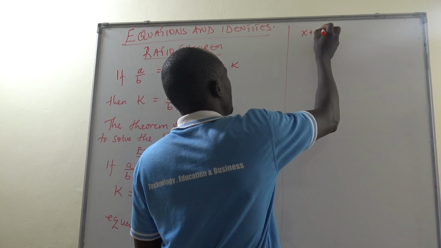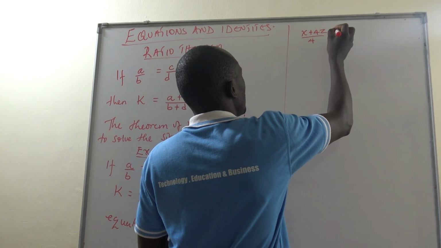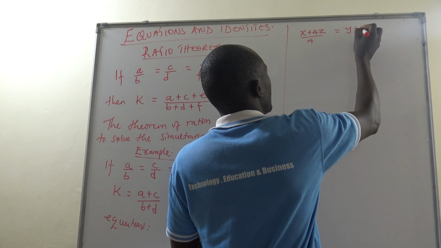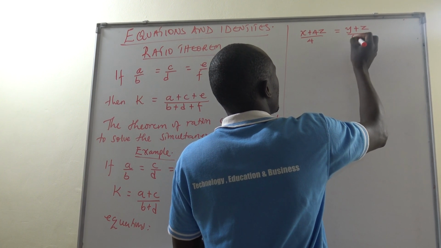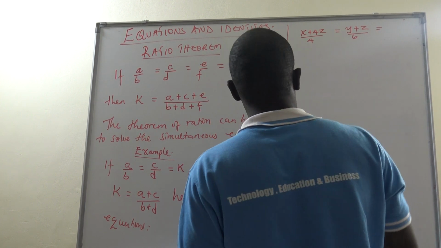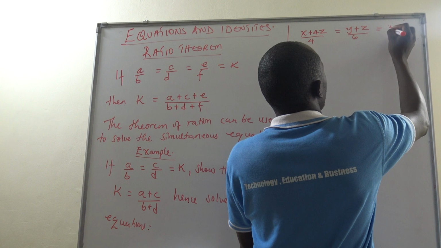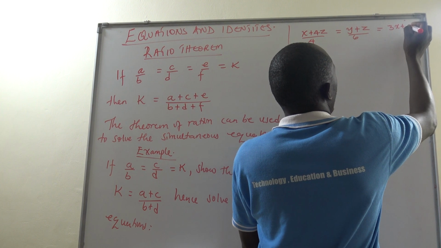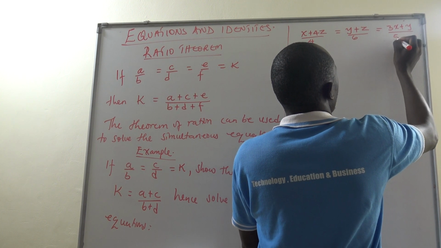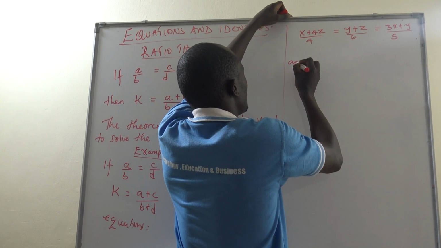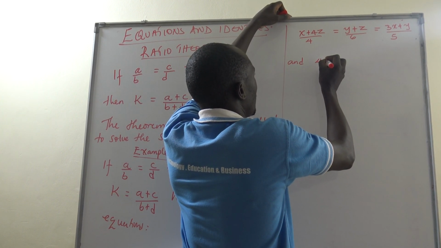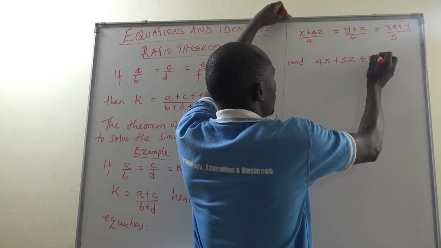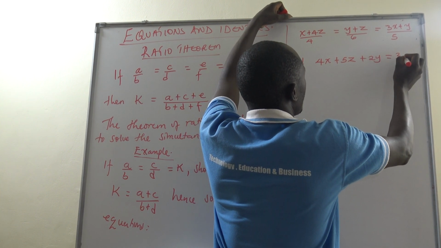X plus 4z out of 4 equals y plus z out of 6 again equals 3x plus y all over 5 and 4x plus 5z plus 2y equals 30.